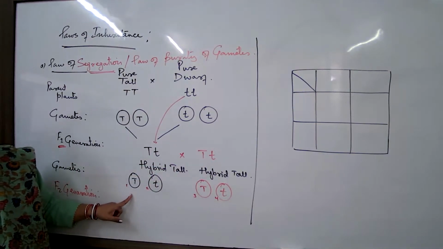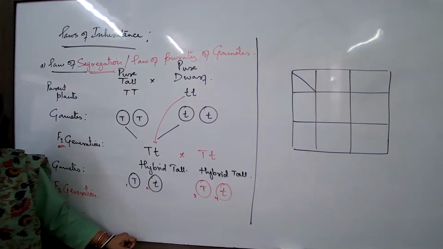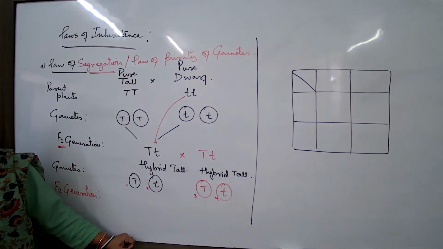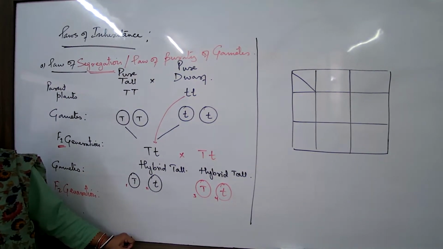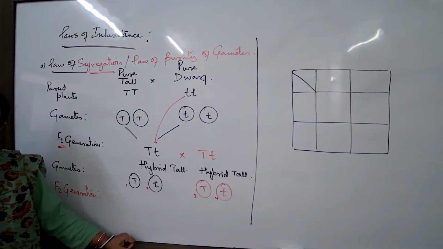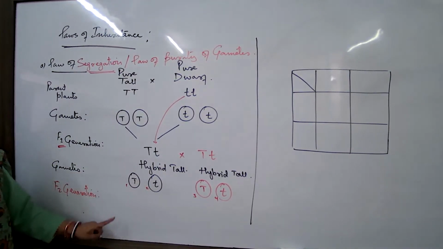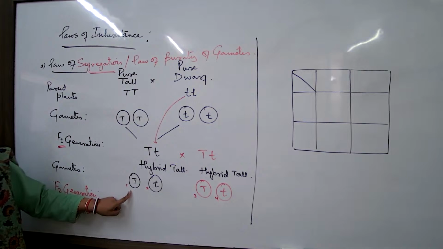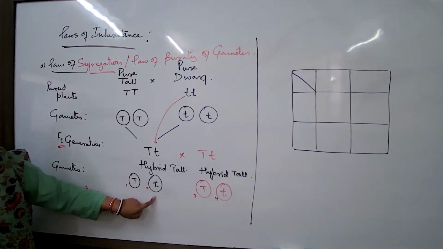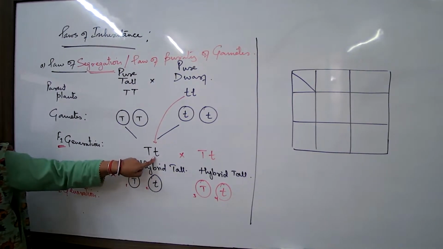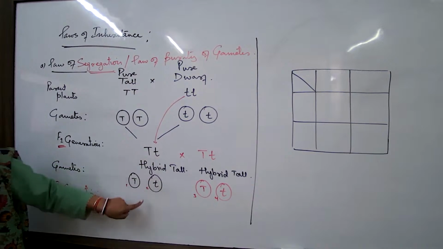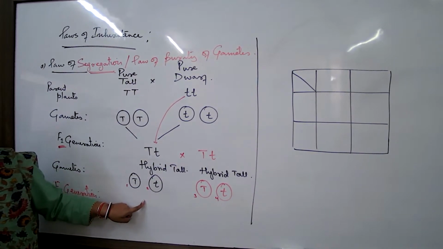So can I say that 1 and 2 can undergo the process of fertilization? Why not? My question is, these two are the gametes of the same parent. Can they undergo fertilization?